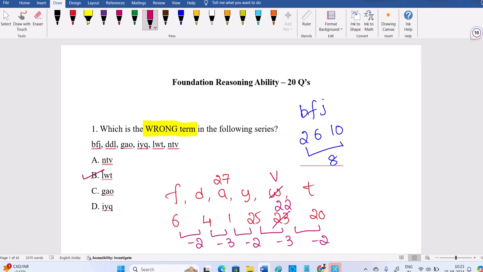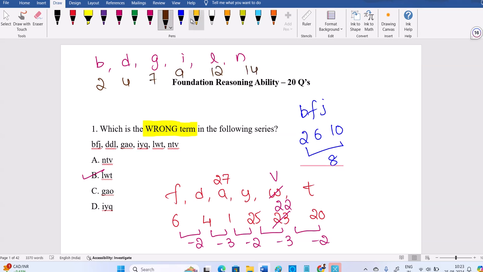So it seems option B is in trouble, because the pattern is following like minus 2, minus 3, minus 2, minus 3, minus 2 likewise. For the first letter, if you focus on B, D, G, I, L, N, I think it is plus 2, plus 3. So this is 2, 4, 7, 9, 12, 14.